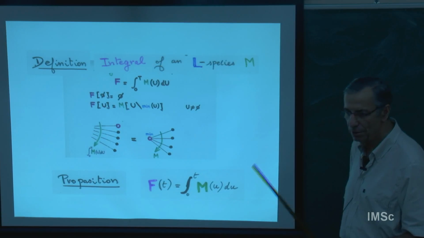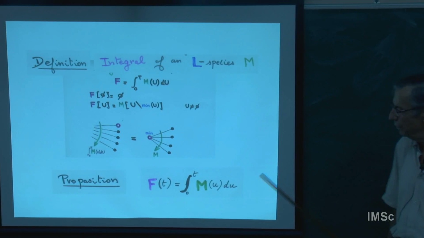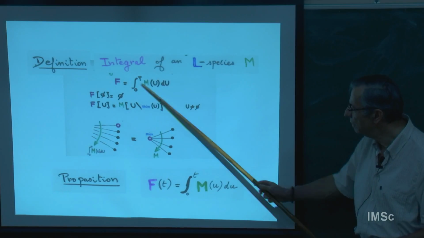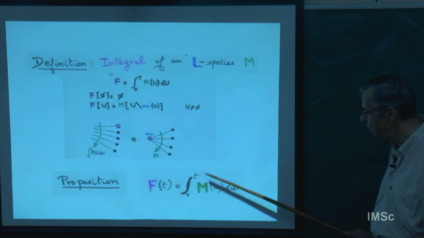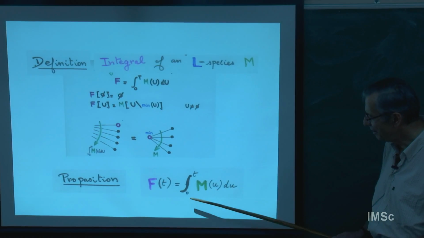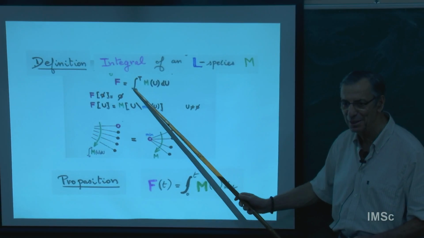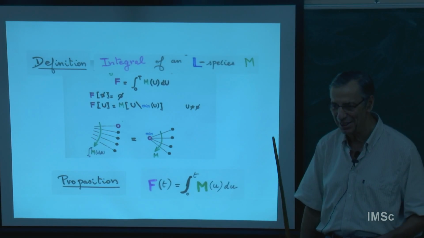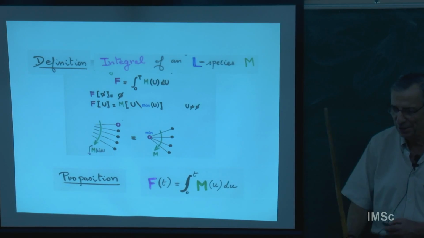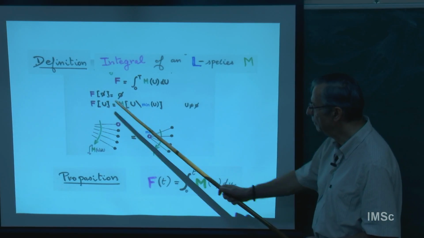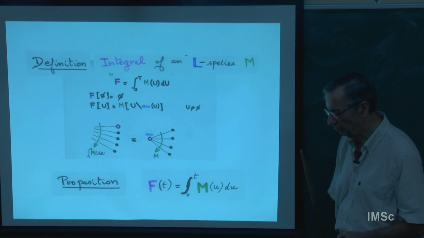And so, proposition: you can check that the derivative function of the integral of M is the integral from 0 to t of the derivative function of M. I start from 0 to get this. There is an initial condition, the same as in classical analytic calculus. You have an initial condition by putting F of empty equal empty.